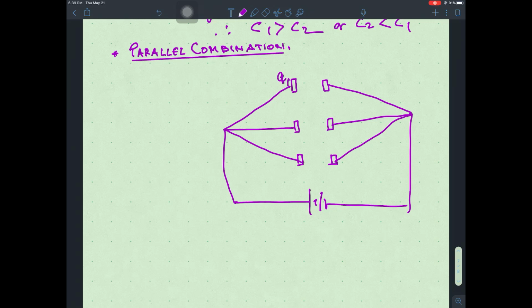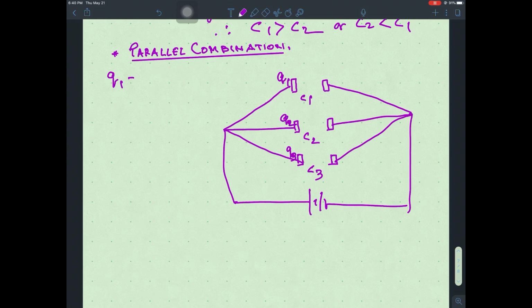Here the charge is different: Q1, Q2, Q3, and this is your C1, this is your C2, this is your C3.